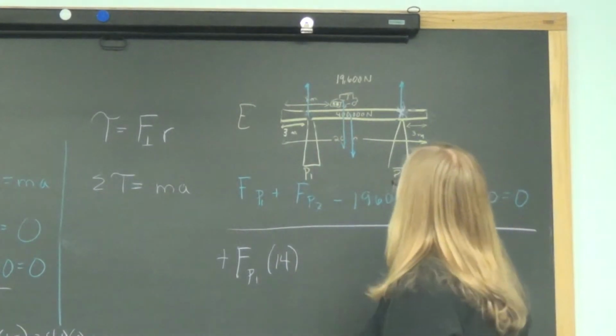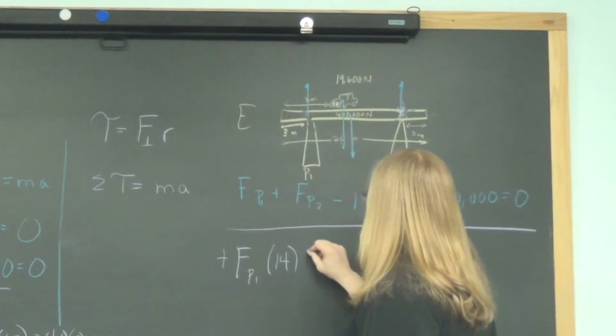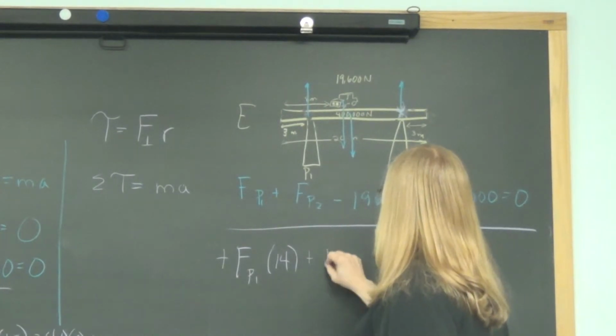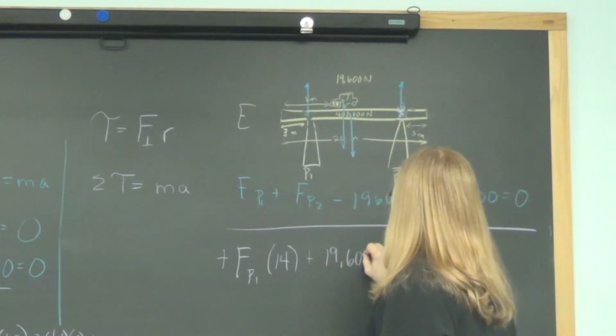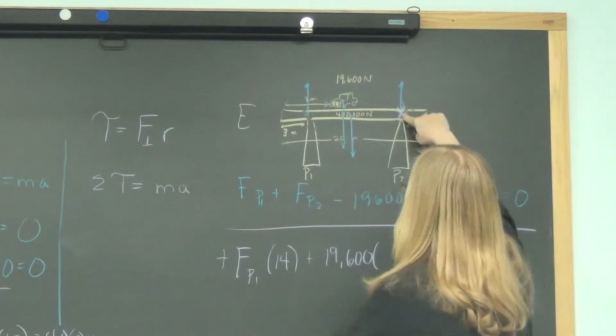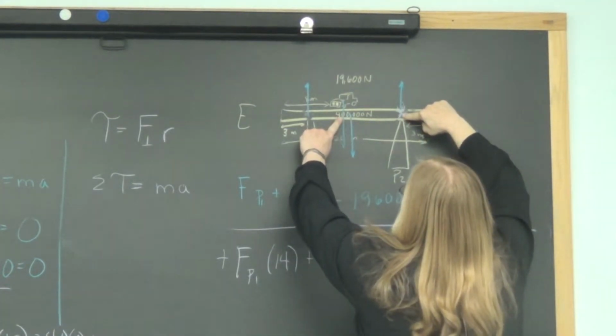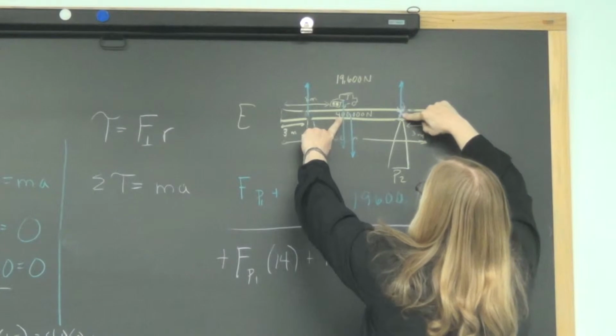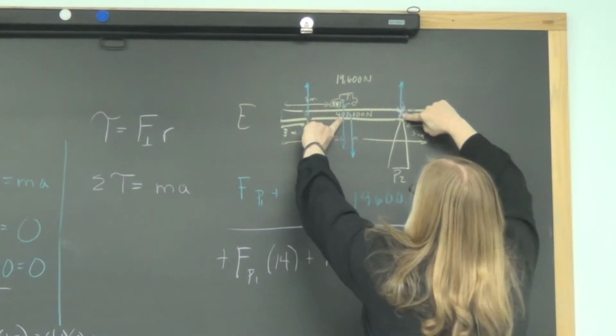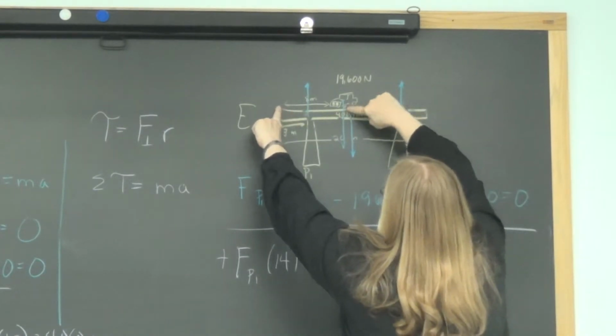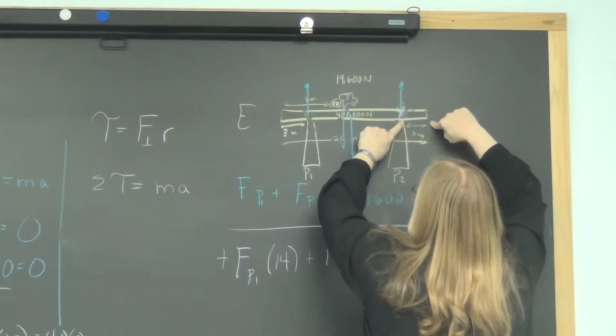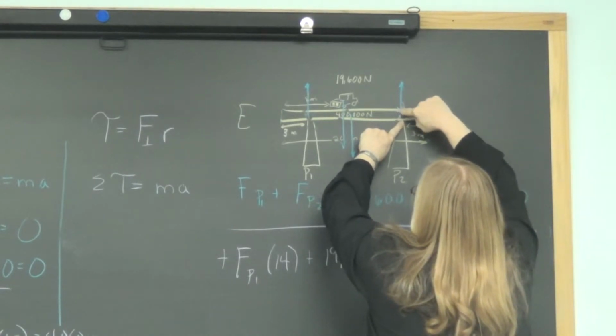Alright, Brian, help me with the car. Force of the car, using 19,600 newtons times 5 meters. 5, because this is 8 and this is 3. Oh, so your axis of rotation is the pillar on the right. Yeah.